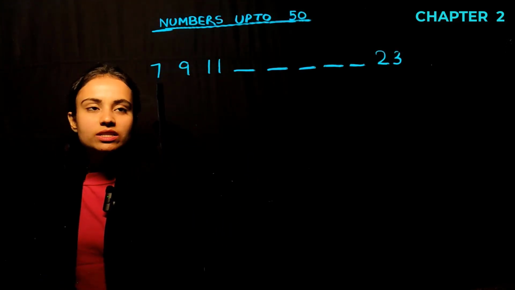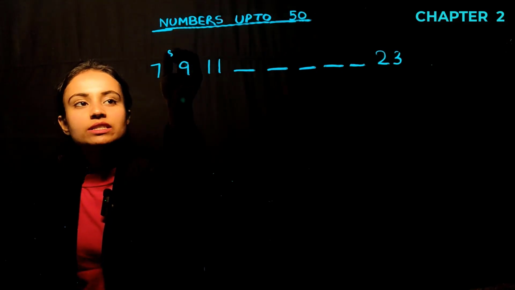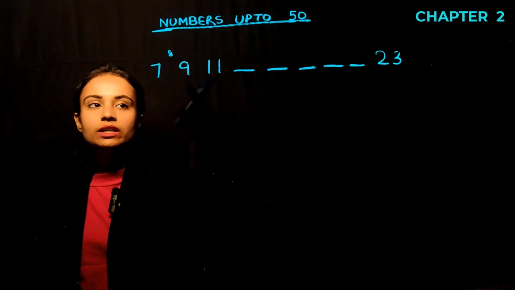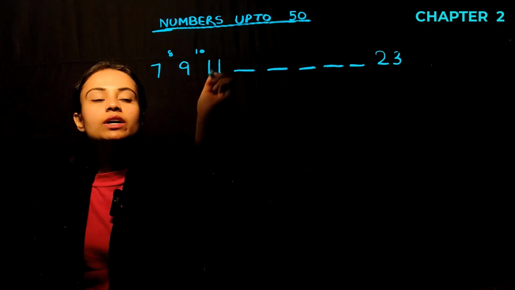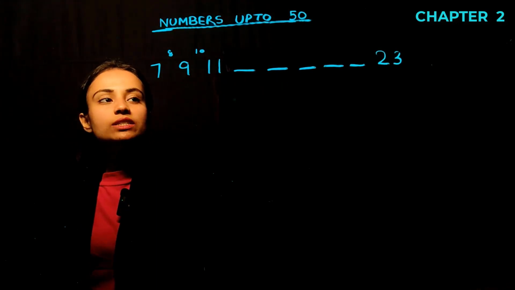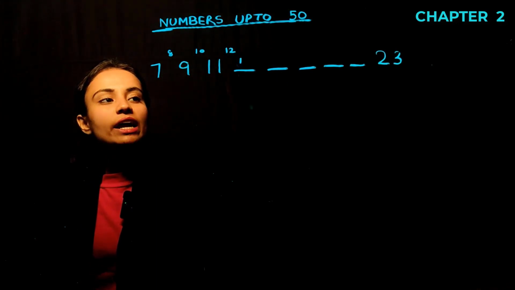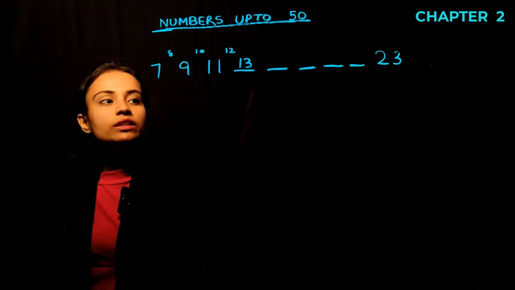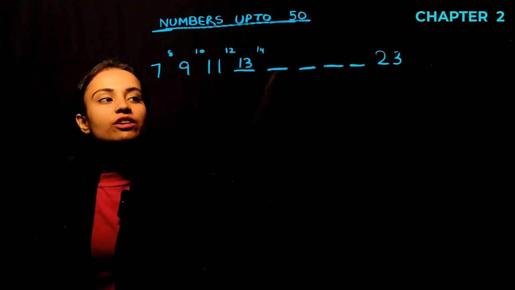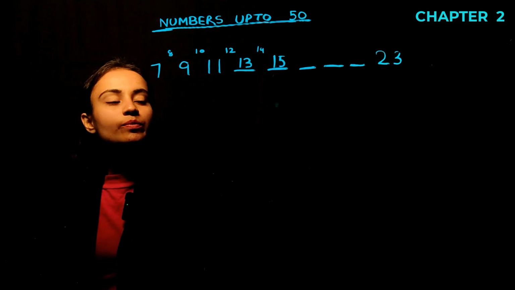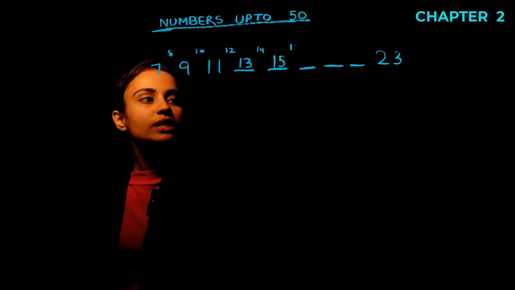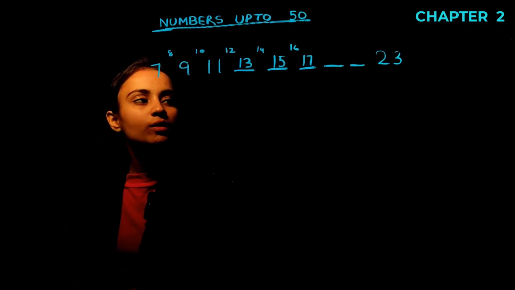First 7 is written, then 8 has been skipped, 9 is written, then 10 has been skipped, 11 is written, then we'll skip 12 and write 13 here. Then we'll skip 14 and write 15 here. Then we'll skip 16 and write 17 here.